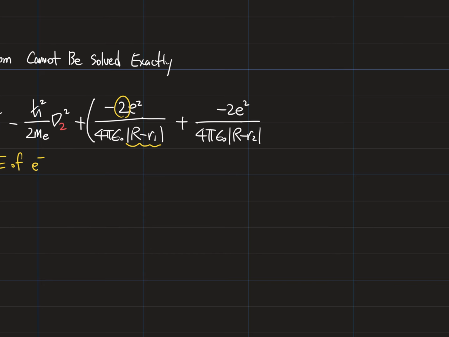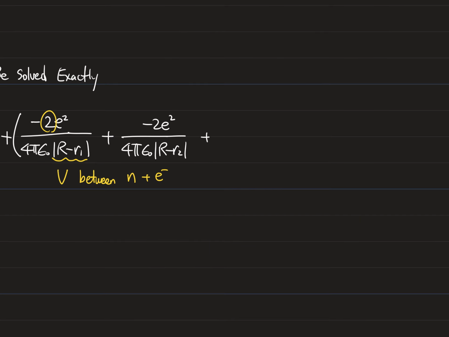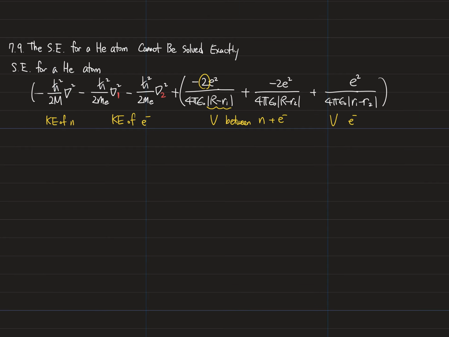So this is the interaction energy between nucleus and electron. And the last one is the repulsion energy between electrons. So this is the Schrödinger equation for a helium atom.